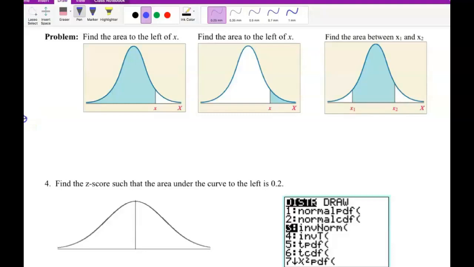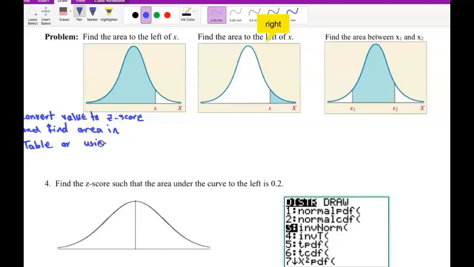First, we need to convert our value to z-score. And then find area in table or using normal CDF.